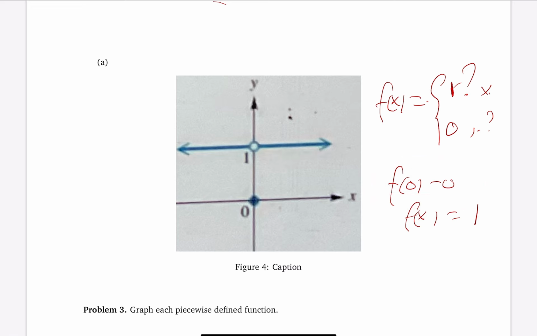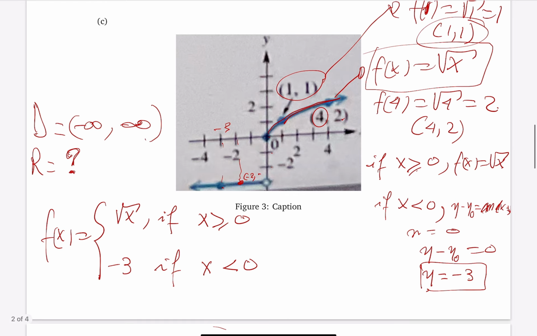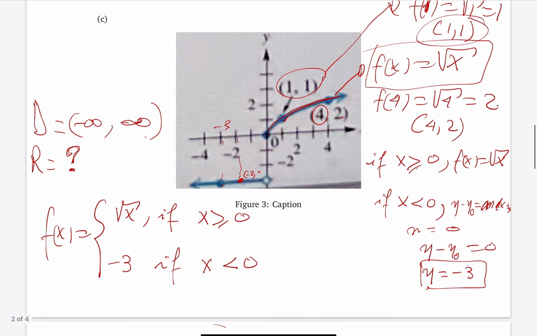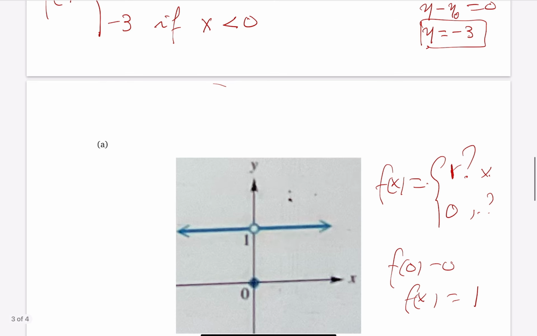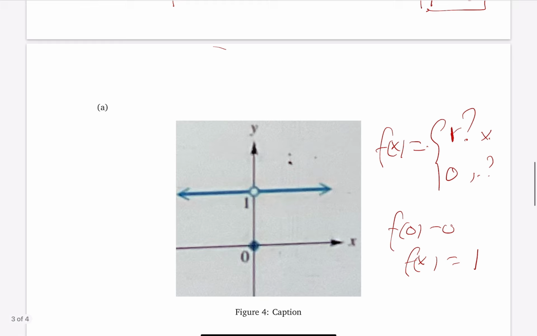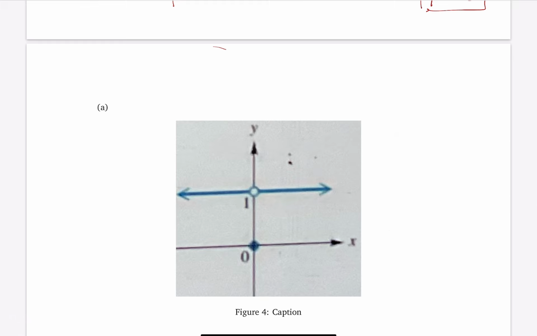Now the domain and the range here. If you check the domain and the range here, that's the same question I was asking you about the previous one. I will tell you this: I will bring this one on your exam.